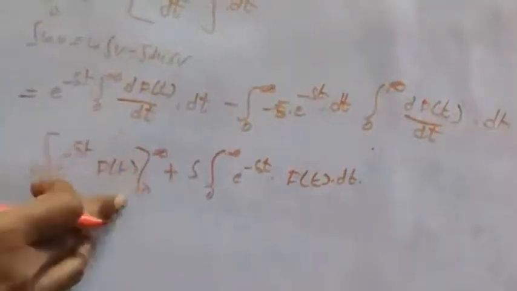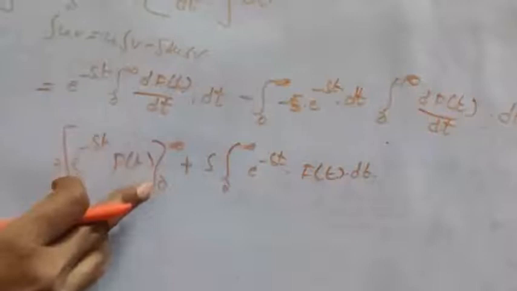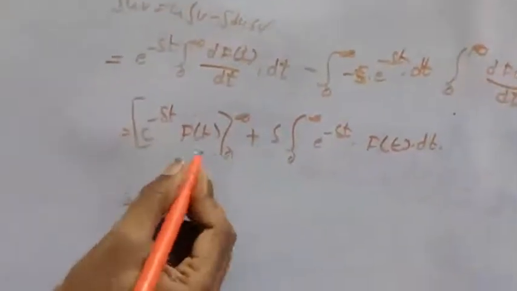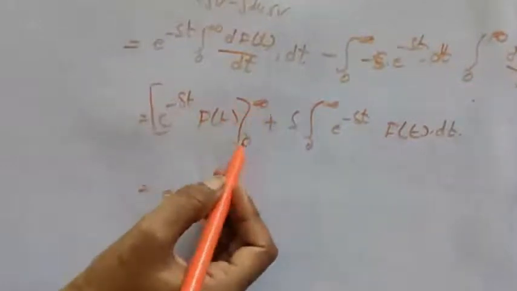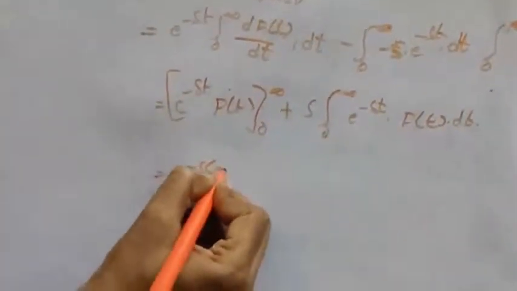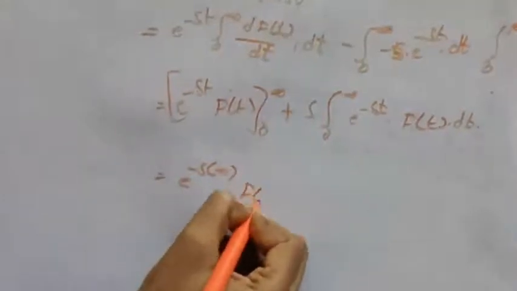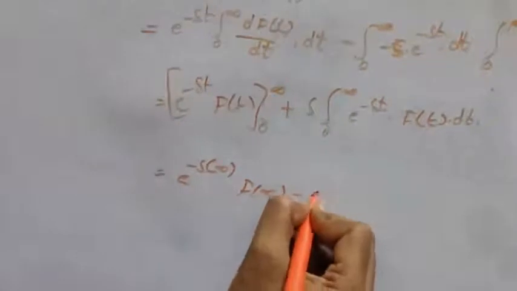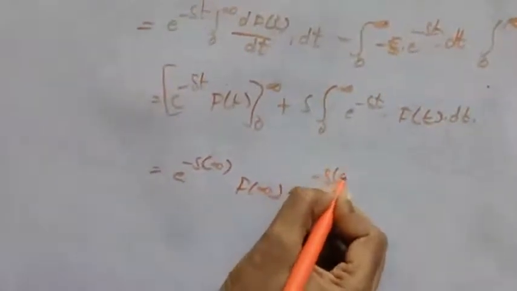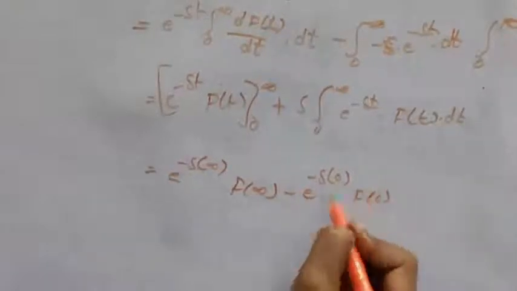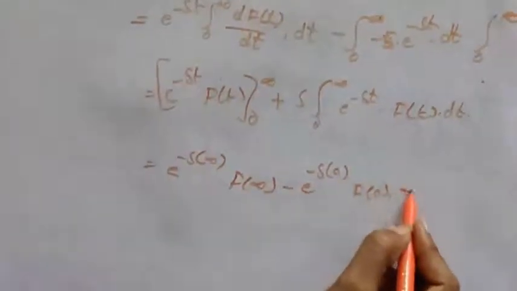Now we are going to apply the limits, upper limit minus lower limit. Wherever t is there, you have to apply infinity. So e power minus s infinity into f of infinity, minus the lower limit, e power minus s of 0 into f of 0. So we have applied the limits.